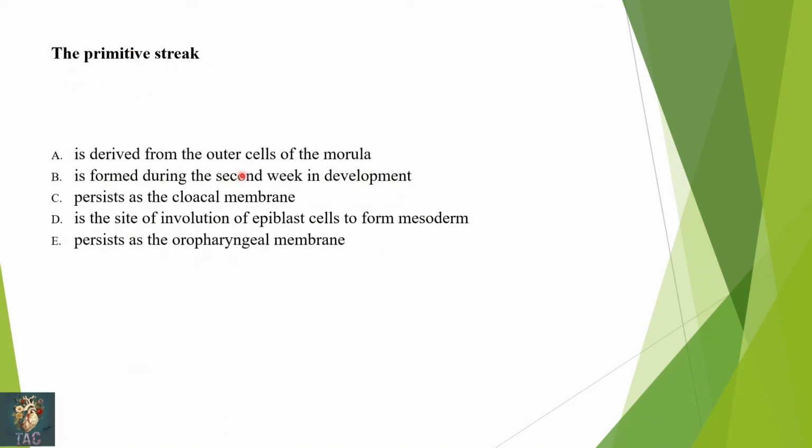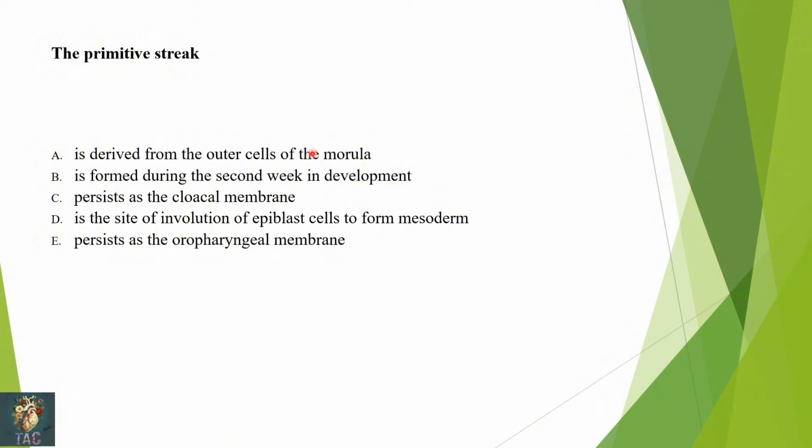Next MCQ is, primitive streak is derived from the outer cells of the morula, is formed during the second week of development, persists as cloacal membrane, is the site of the involution of epiblast to form the mesoderm, and persists as oropharyngeal membrane.